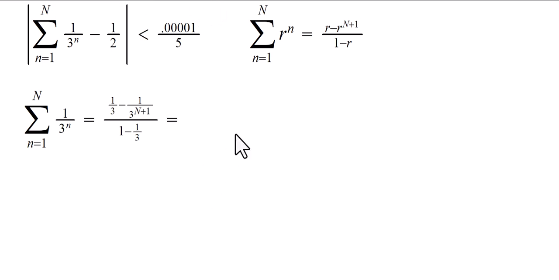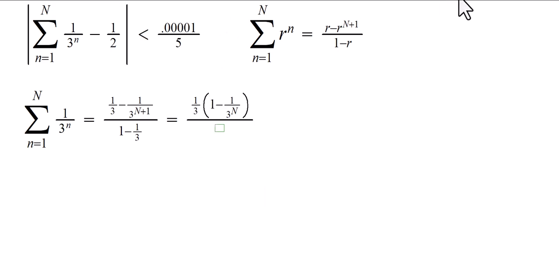If we look at the numerator, we can factor a 1/3 out, and if we factor a 1/3 out, then what will stay in the numerator? Simply 1 minus 3 to the power capital N, and then we have the 1/3 that we pulled out as a common factor.